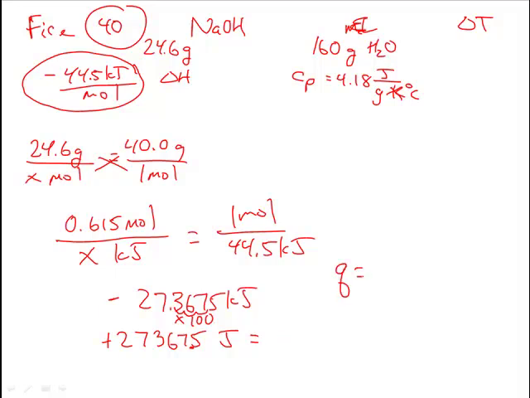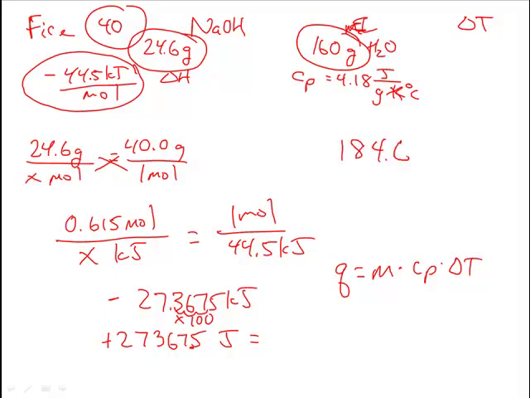Once you have the joules that go into solution, you can use your mass times specific heat capacity times change in temperature. The tricky thing about the mass is this is 24.6, this is 160, so you have to add them together because it's for the solution. So 184.6 grams is for the entire solution.